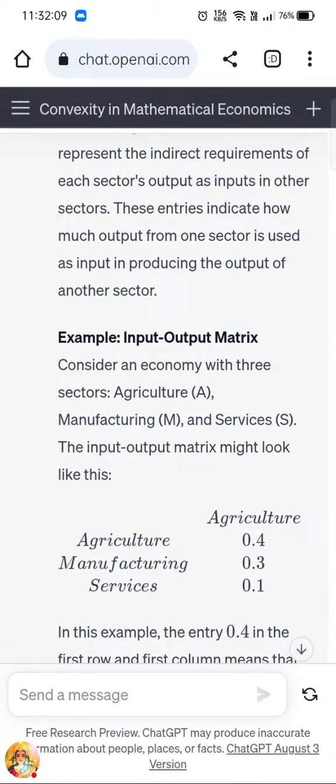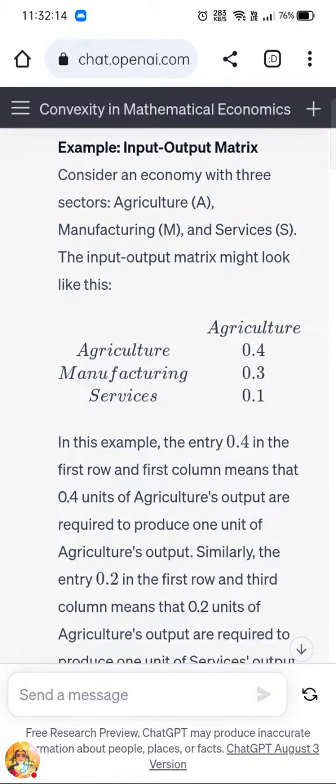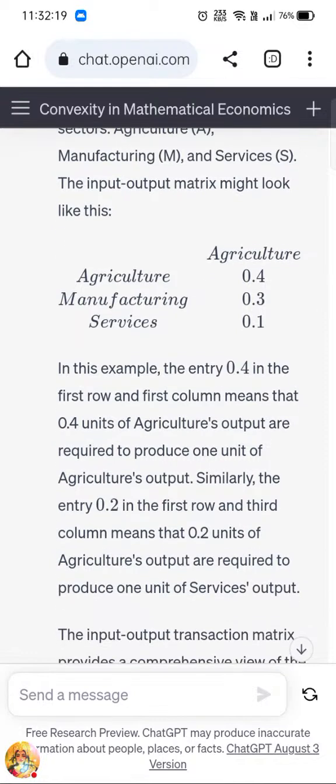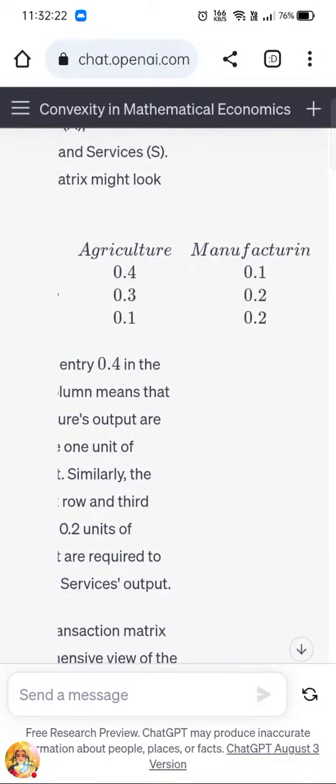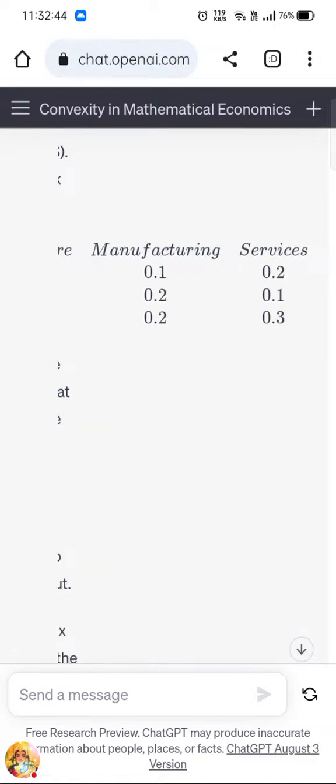But let me explain through an example. Consider an economy with three sectors: agriculture, manufacturing and services. The input-output matrix might look like this. In this example, the entry 0.4 in the first row and the first column means that 0.4 units of agriculture's output are required to produce 1 unit of agriculture's output, say x1.